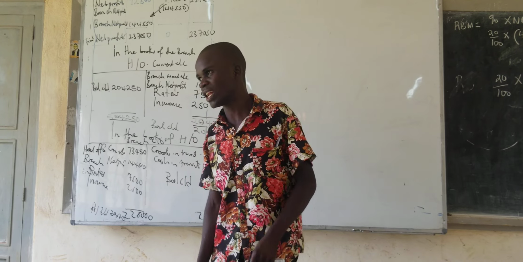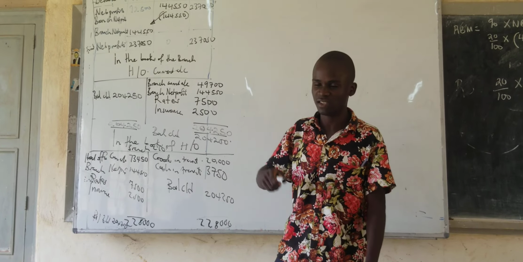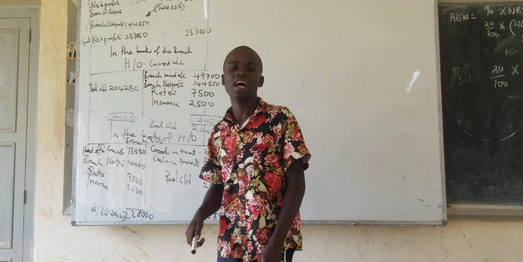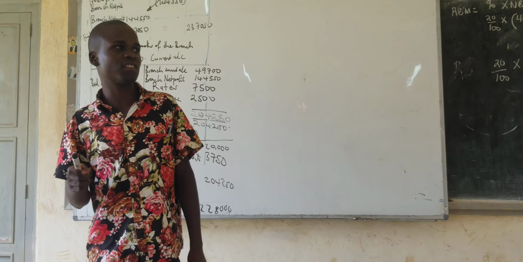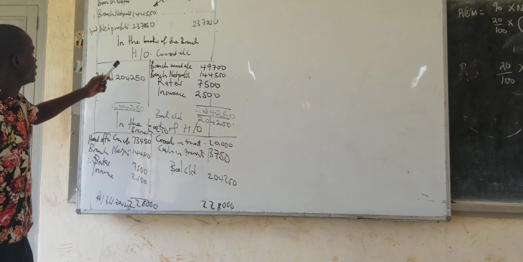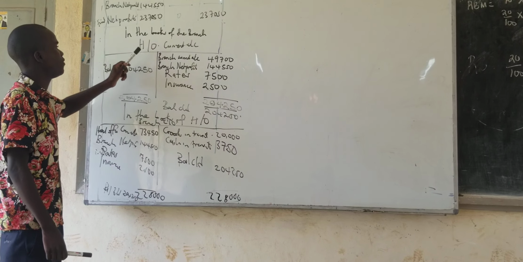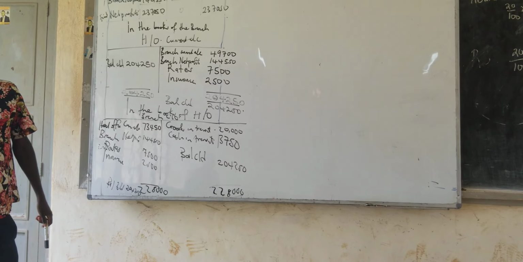Another thing to note is the head office prepares the branch current account, and the branch prepares the head office current account. So in the books of the branch, the head office current account is prepared.